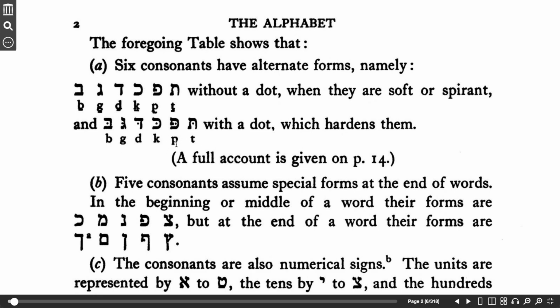We create that little nomenclature, begad, kefat, and it's a way to remember that there are these 6 letters that have those dots in them. Now, on page 14 of the textbook, we're just on page 2, we talk more about this and how that operates within the language. But just for now, be aware of that. Again, you can see that on the table that was on the previous page.